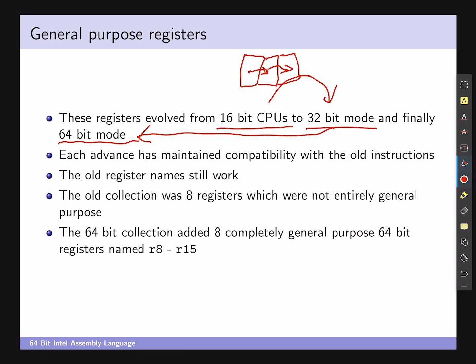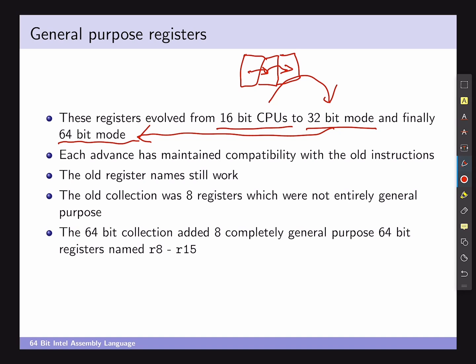These old registers, from the 16 and 32-bit era, still have names and still work perfectly fine, and you'll actually see we'll make use of some of them to make certain computations a little bit clearer. For example, if I'm talking about an integer in Linux that normally occupies only 32 bits, whereas a long will occupy 64 bits, sometimes it makes more sense to use the 32-bit register if I'm only dealing with an int. So we'll see that as we go along.